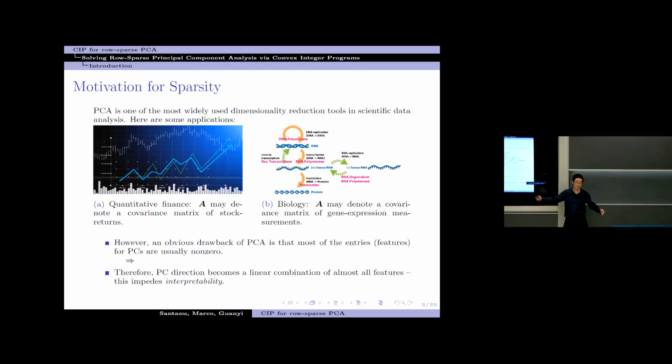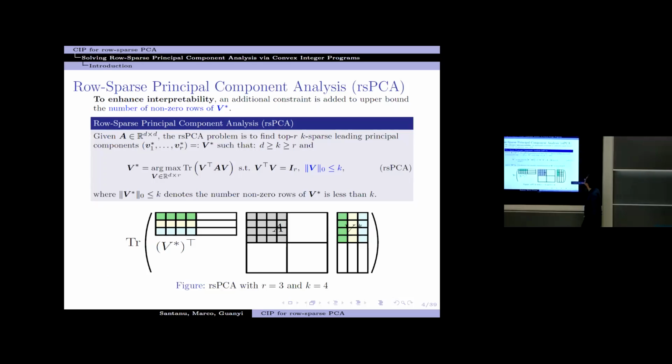So there becomes a large combination of a lot of features, and you do not understand what it is. So therefore, in order to enhance the interpretability, you need to add an additional constraint. So the constraint is the so-called sparsity.